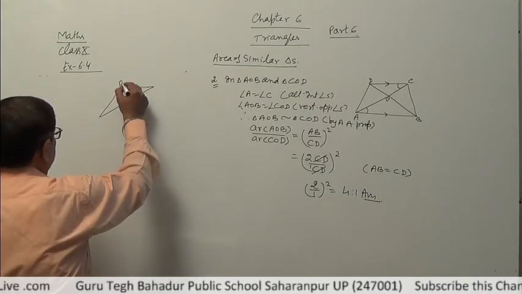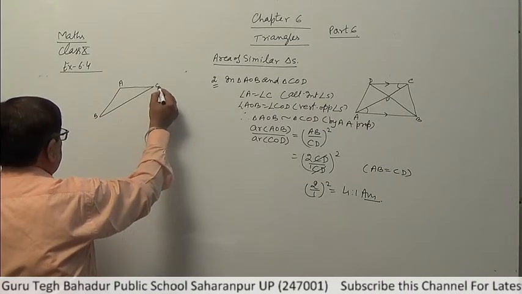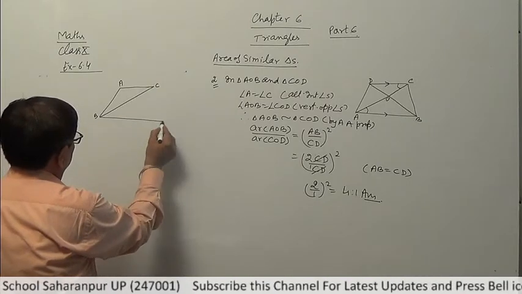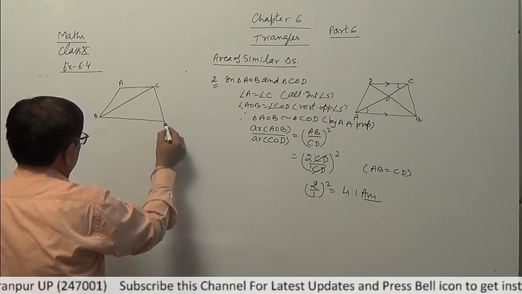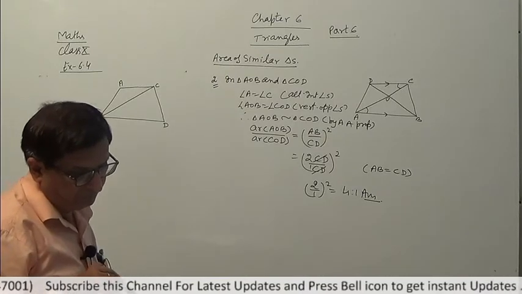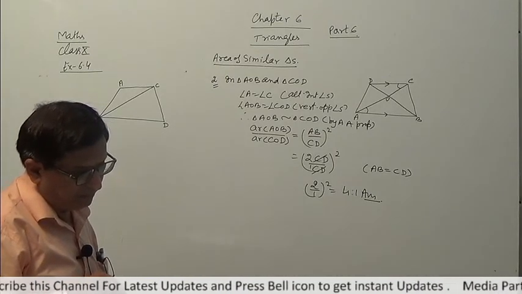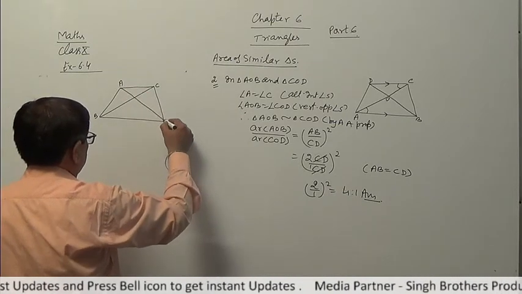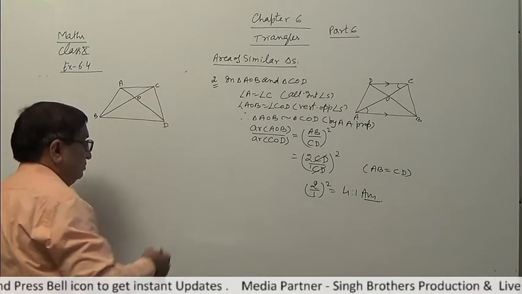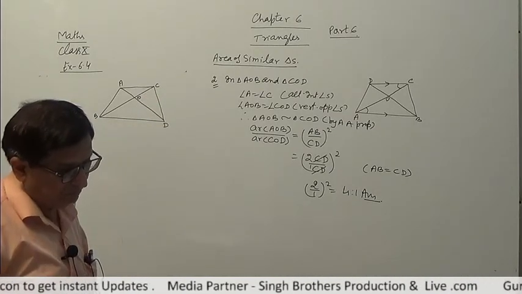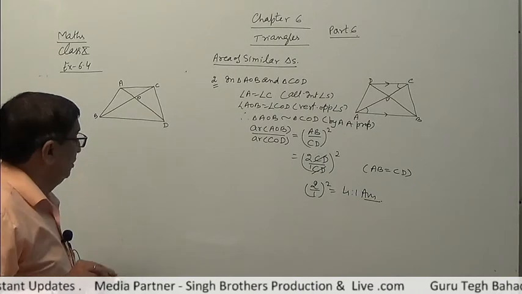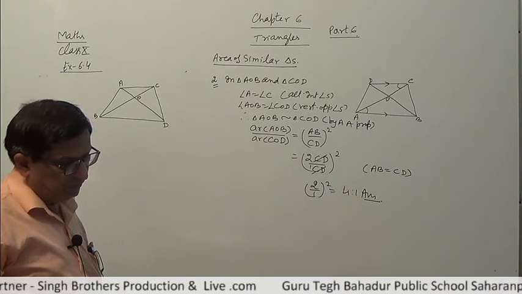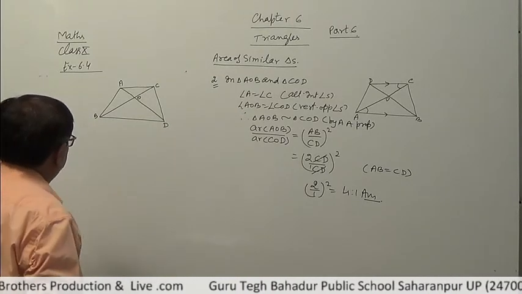This is the ABC and DBC with the same base BC. AD intersects BC at O. Show that area of triangle ABC upon area of triangle DBC is equal to AO upon DO.